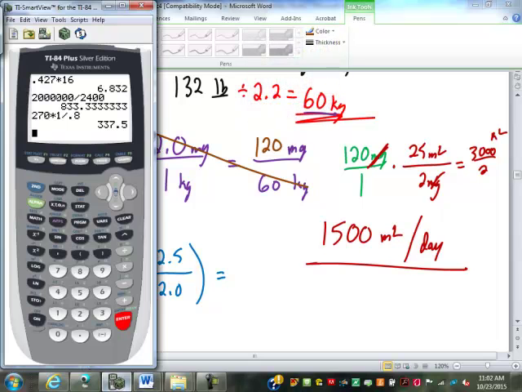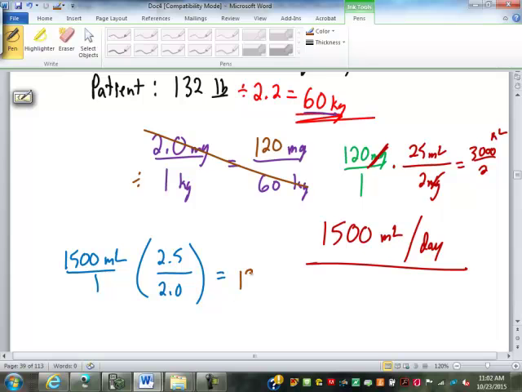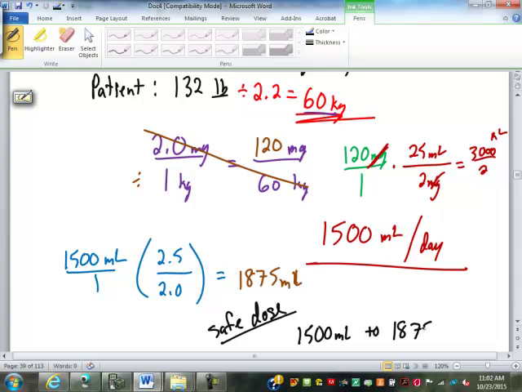So 1,500 times 2.5 divided by 2.0 is 1,875 milliliters. So what that means is our safe range here is 1,500 milliliters to 1,875 milliliters per day.